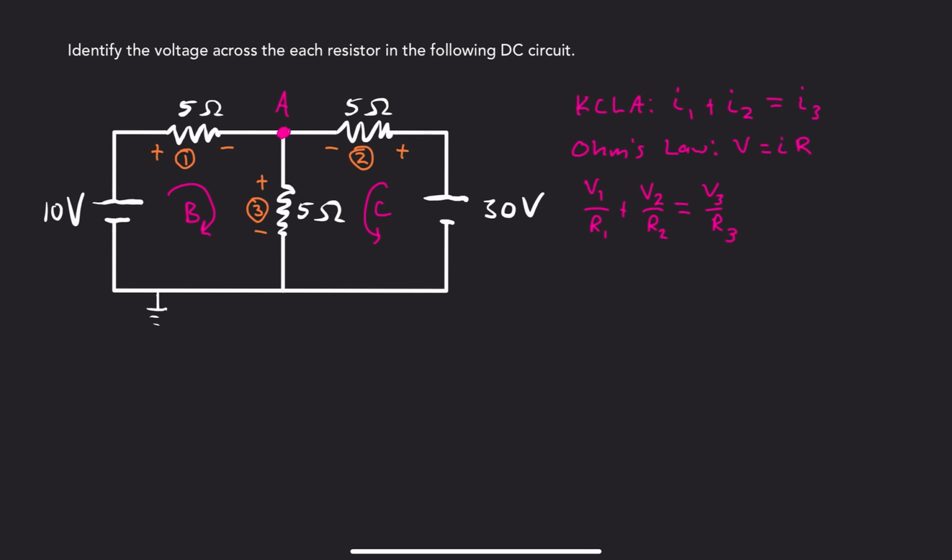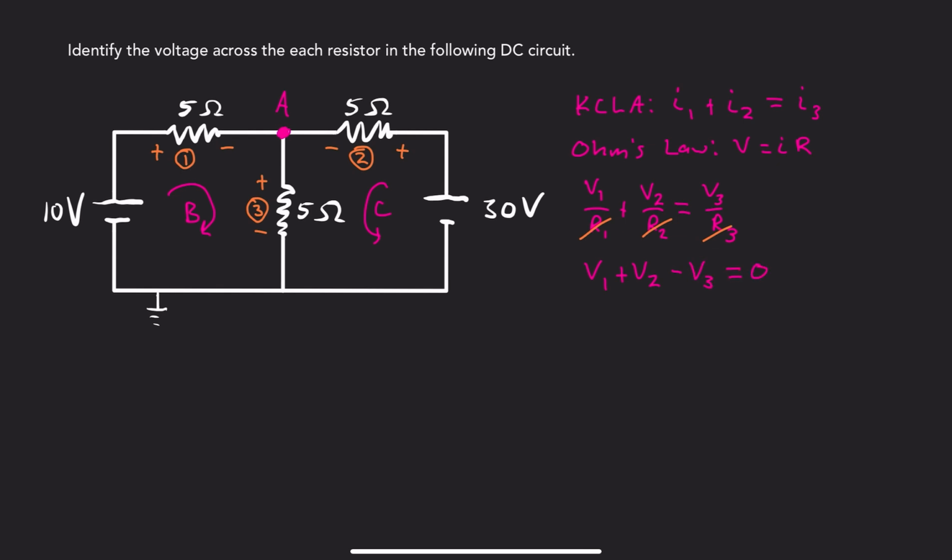Now, since all the resistors have the same resistance value, we can multiply both sides of the equation by that value and cancel out each of these resistance values. So if I rewrite this equation once more, I'm going to write it in such a way that all of the voltages will be on one side of the equation: V1 plus V2 minus V3 equals 0.